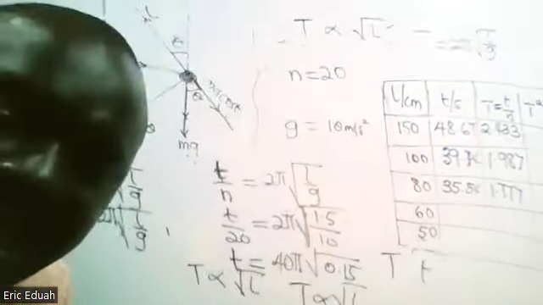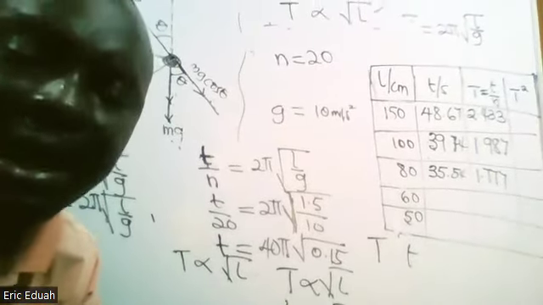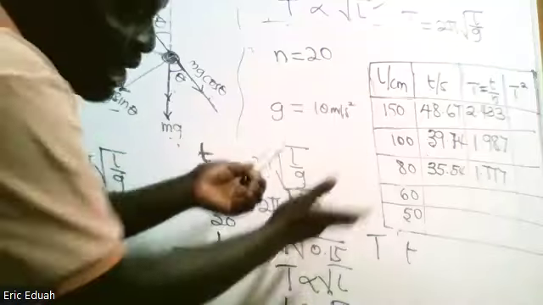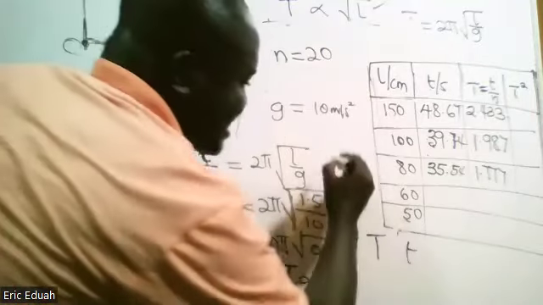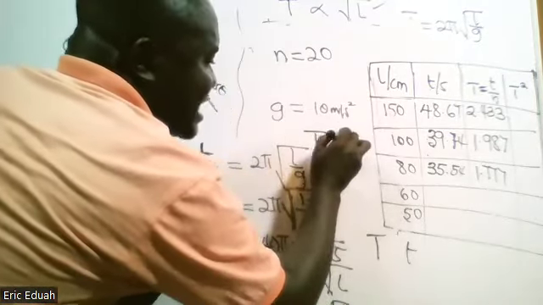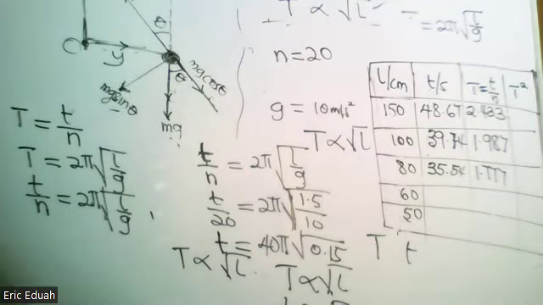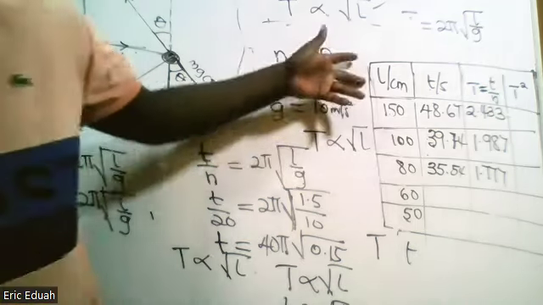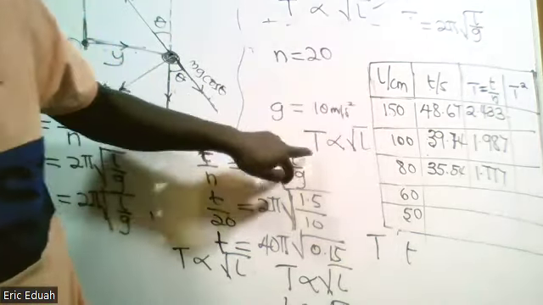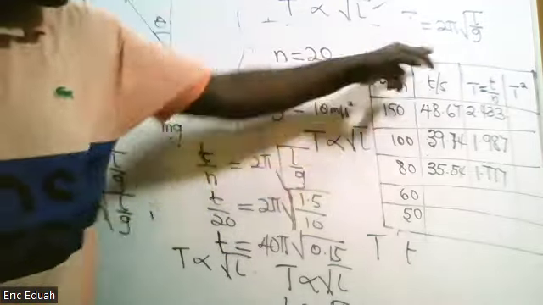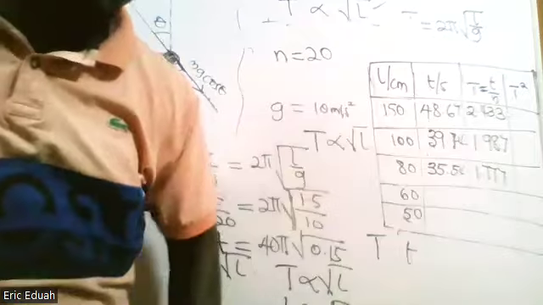So when I'm marking, or we are marking, in practicals, we look at the trend. All that I use to judge what you are doing is this: T is directly proportional to the square root of L. So if your L is increasing, then I expect small t to be increasing and capital T to also be increasing.